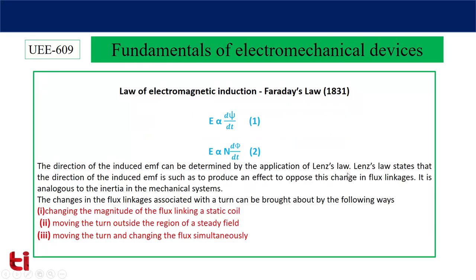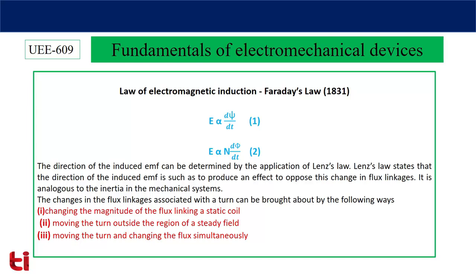As per Lenz's law, the direction of the induced EMF will be such that it will produce an effect to oppose this change in flux linkage. It is analogous to inertia in mechanical systems. The changes in the flux linkages can be attained in the following three ways.